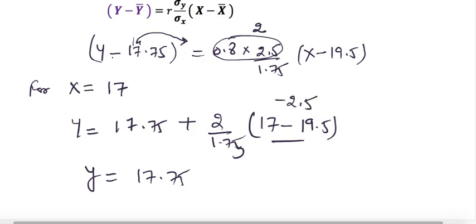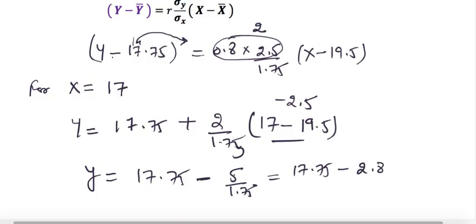So we are getting this value, and after simplification we are getting minus 5 upon 1.75. We can multiply 2 into 2.5, which is 5, because one is negative, so that value, and 17.75. When we take a calculator and divide 5 with 1.75, we get 2.86.